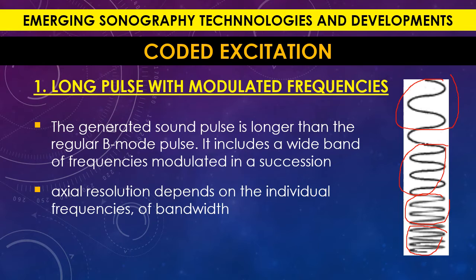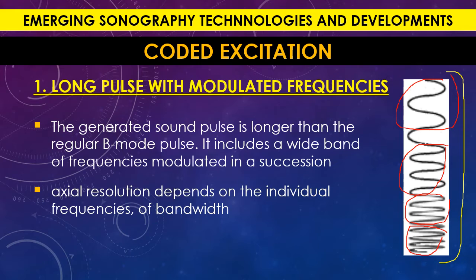So the generated pulse, that's the whole pulse length, is a long pulse. From here to here is the pulse, but this pulse is made of several frequencies. So the generated pulse is longer than the conventional B-mode pulse.